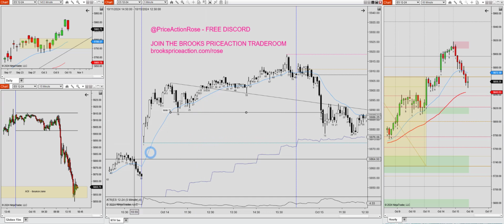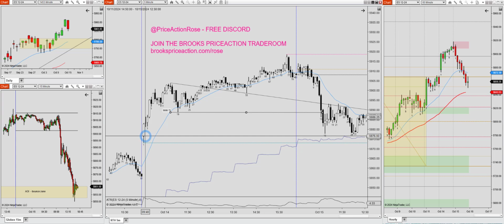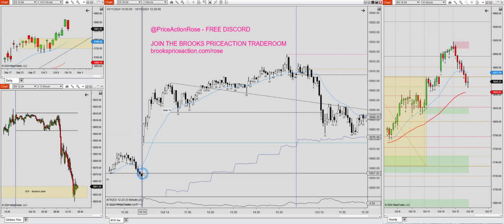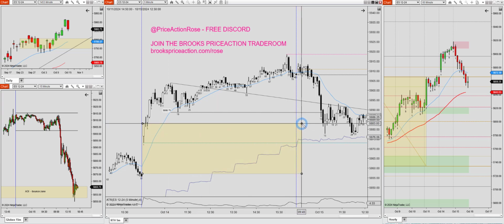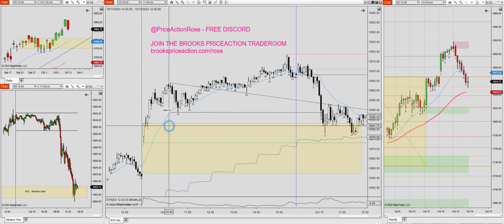But here's the problem. They're trying to come down to the open of yesterday, and they're trying to start closing these gaps. There's a huge gap here, right? Starting from this 81 open and going all the way to, I'm going to extend it, bar 2 body open.